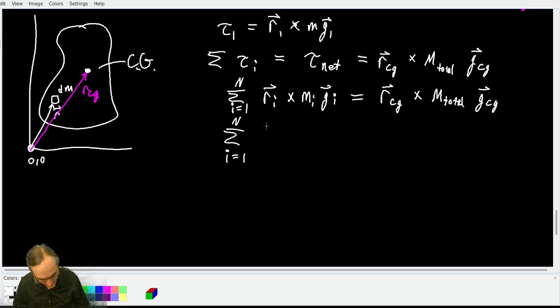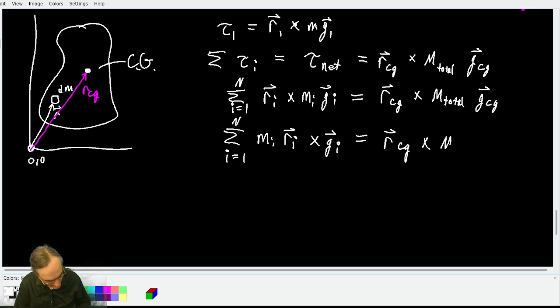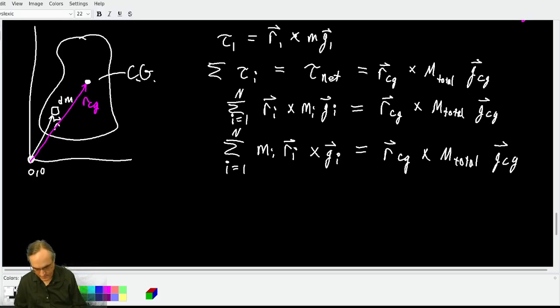Sum from i equals 1 to n of mi ri, we have to keep it this way for right now, gi equals R_CG cross M total. This is what you'd actually have to go through in order to figure out the center of gravity. You'd have to basically divide by M total and the averaged center of gravity g.